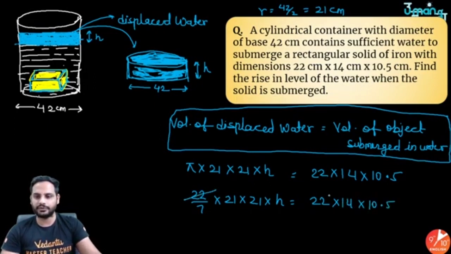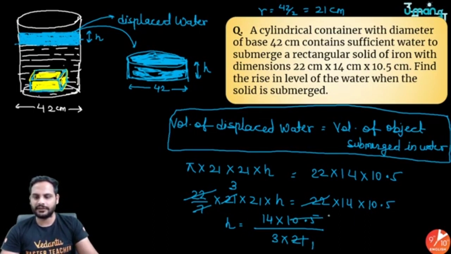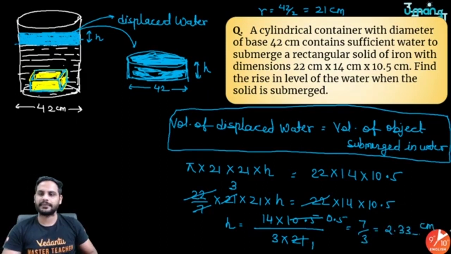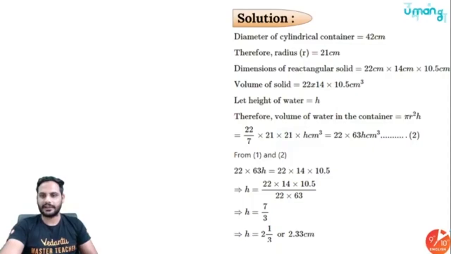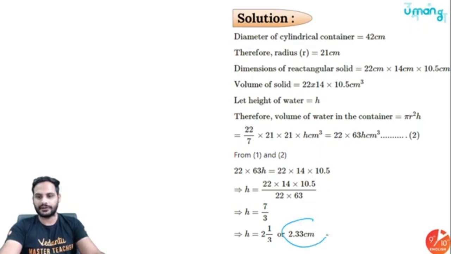So this 22 cancels with this 22, 7 ones are 7, 7 threes are 21. So h is equal to 14 into 10.5 divided by 3 into 21. Okay, so 21 cancels, and 14 into 0.5 is 7, so 7 by 3, which means 2.333 centimeters. So the rise in the water level will be 2.33 centimeter.